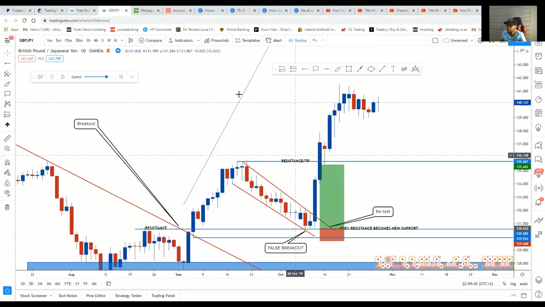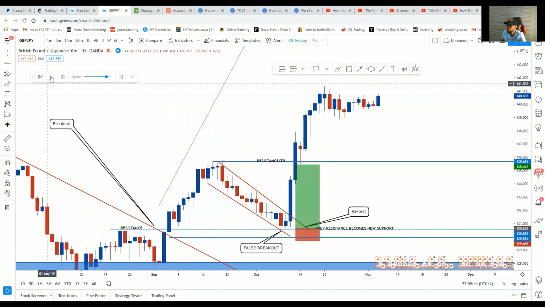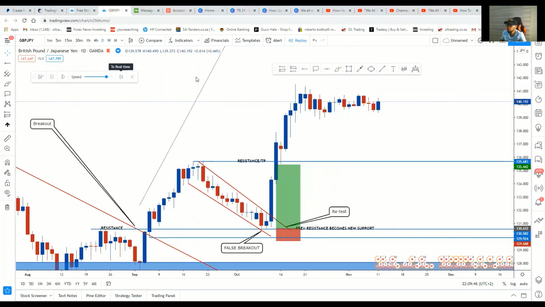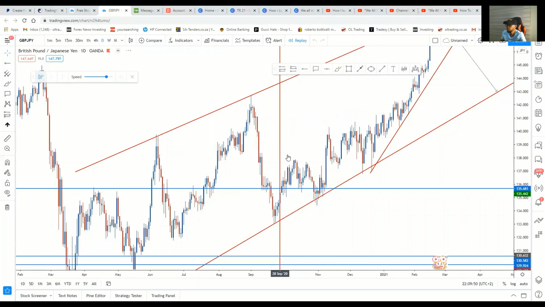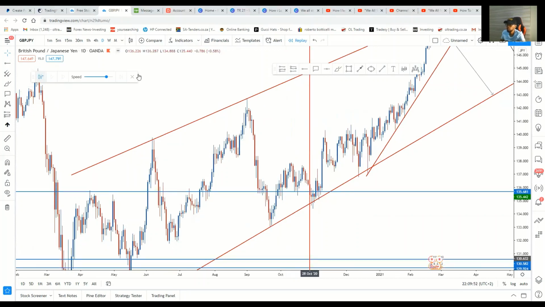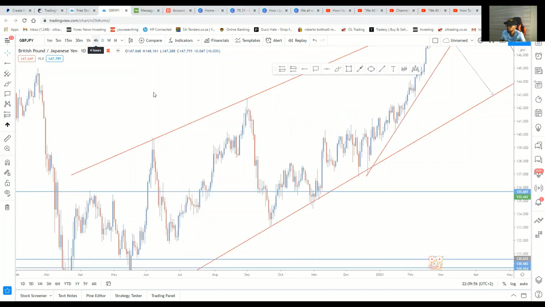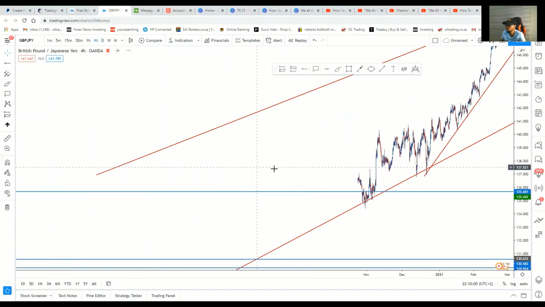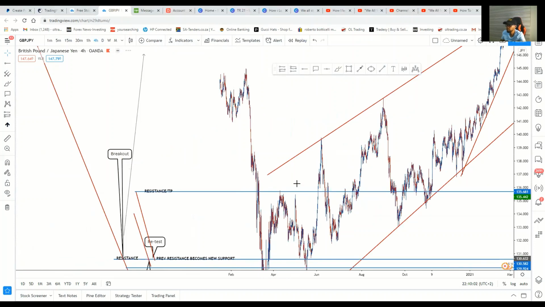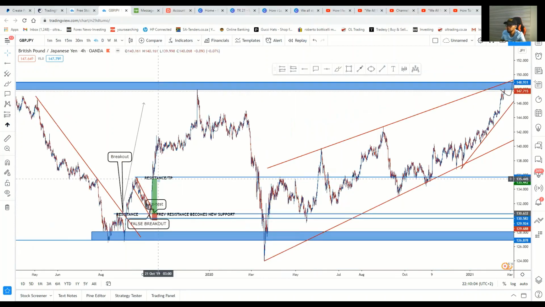So now I showed you guys just how to spot those movements. So now what I'm gonna do, I'm gonna go to a lower time frame, which is 4 hour. You see it's happening.